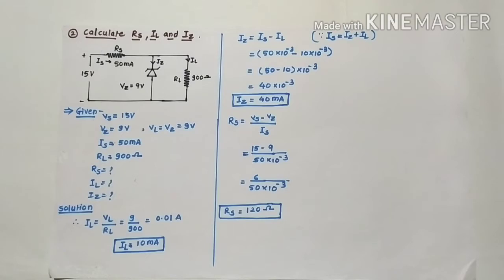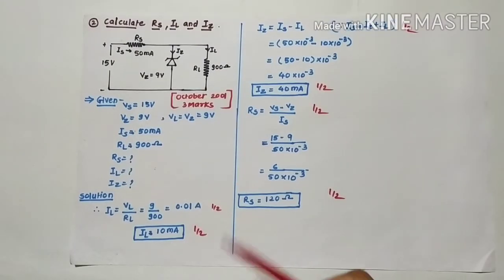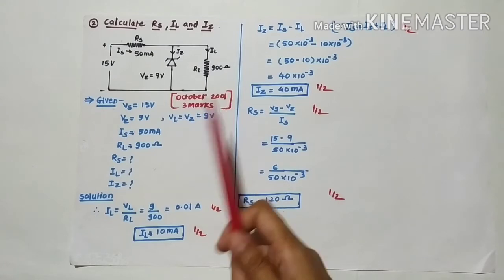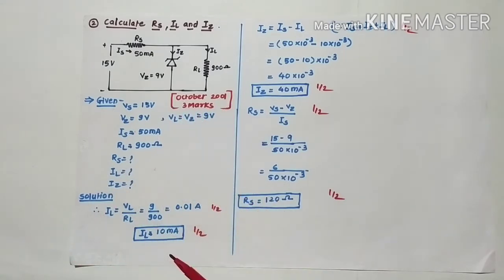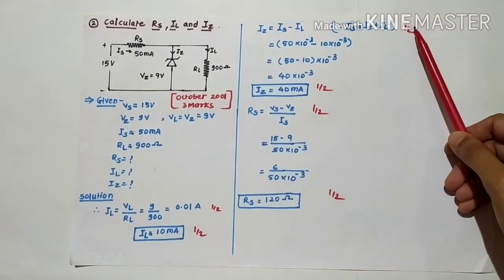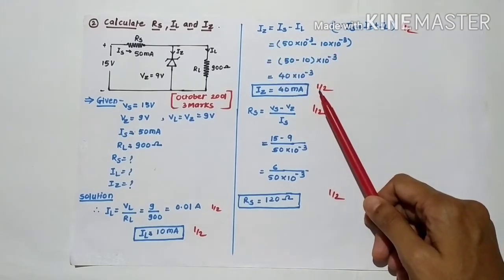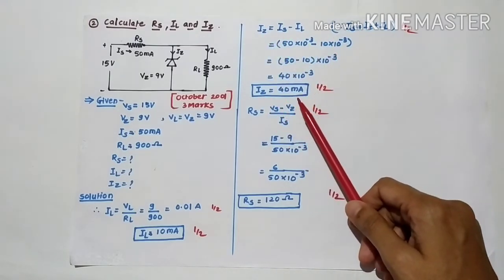So by calculating this, we'll get Rs is equal to 120 ohm. Now, this problem was asked in the October 2001 board exam for 3 marks. The distribution of marks will be half mark for the correct formula and half mark for the correct answer with proper unit. In the same way, half mark for the second term and half mark for the correct answer with proper unit.